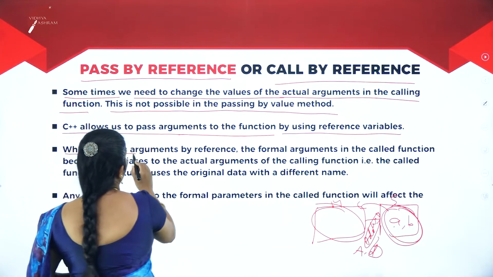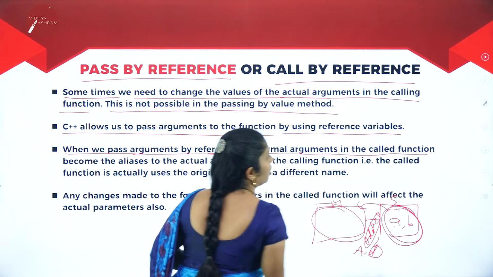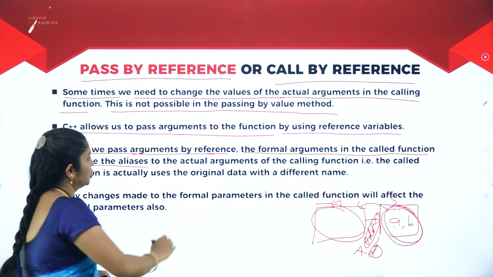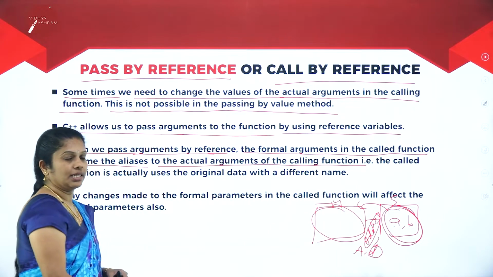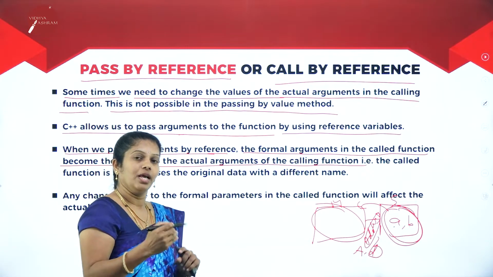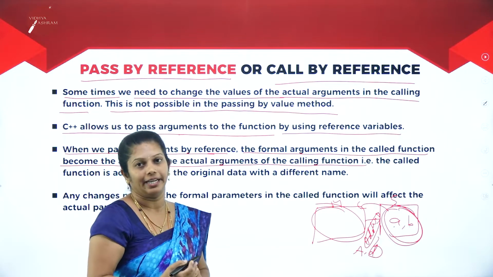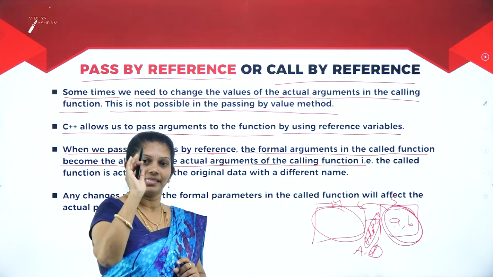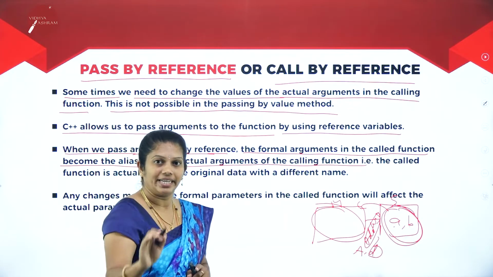When we pass arguments by reference, the formal arguments in the called function become aliases to the actual arguments of the calling function. That is, in the main program I send the values A and B, and the same values are worked on by some other names, for example, C and D. That means only the name will change, but the data on that address is the same.